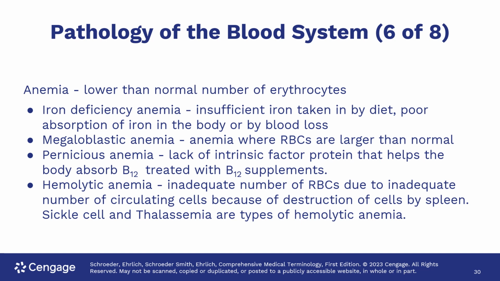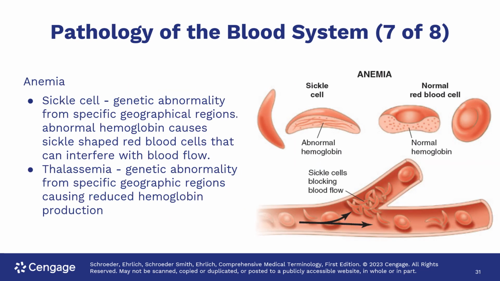Anemia is a lower than normal number of red blood cells or erythrocytes. Different types are listed here. Other types of anemia associated with genetic abnormalities are sickle cell and thalassemia.